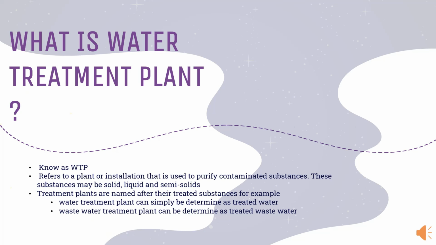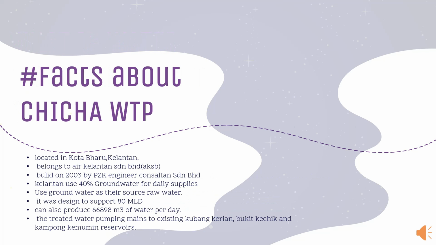Treatment plants are named after their treated substance. For example, a water treatment plant can simply be determined as treated water, while a wastewater treatment plant can be determined as treated wastewater.